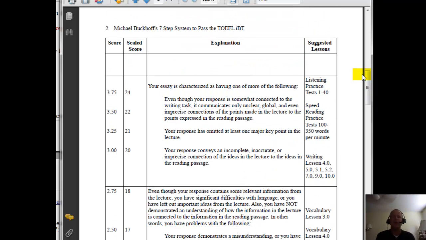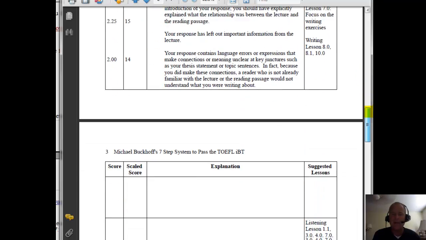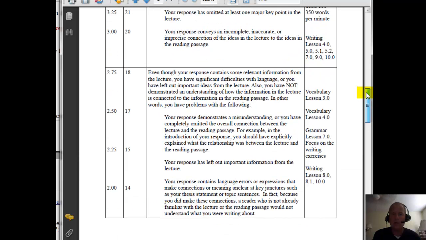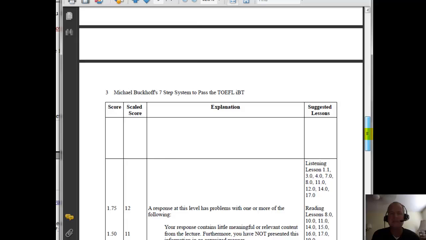What this just says, it kind of describes what you're doing here, but let me look into the 2 range. There are some grammar issues that might apply more. It says your response contains language errors or expressions that make connections or meaning unclear at key junctures. In fact, a reader who is not already familiar with the lecture or the reading passage would not understand what you were writing about.